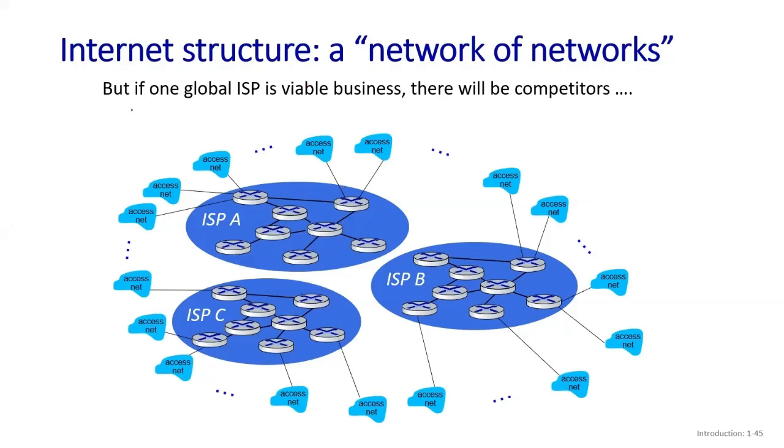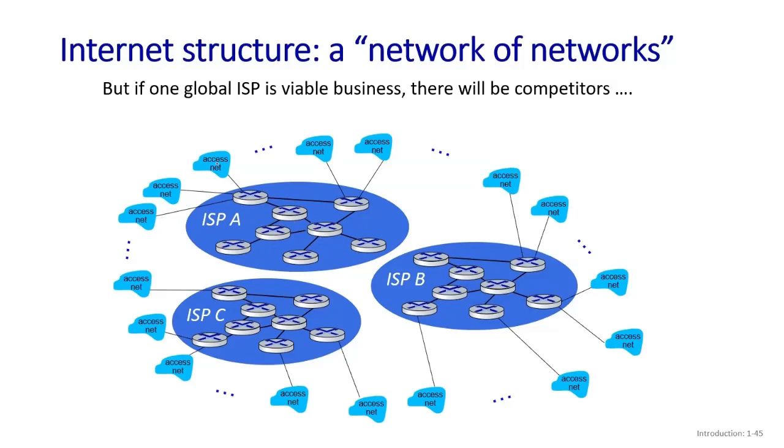If one global ISP is a viable business, then of course there will be competitors. In reality, we have dozens of global internet service providers. For your understanding, let's draw only three global ISPs over here.